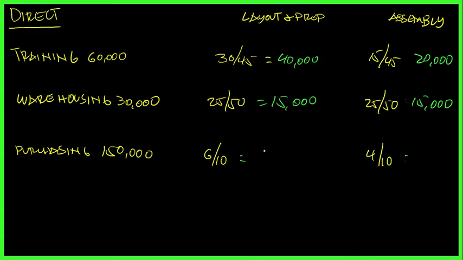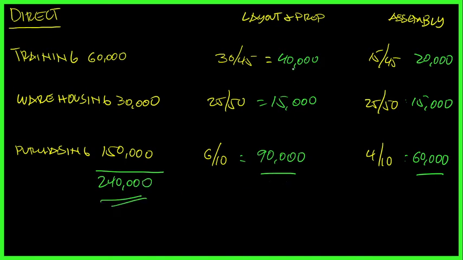So you now have 90. And this one will be, there you go, 90 and 60,000. For a total of, how much is the total amount that we are allocating? You have 60 plus 30 plus 150, so that will be 240.